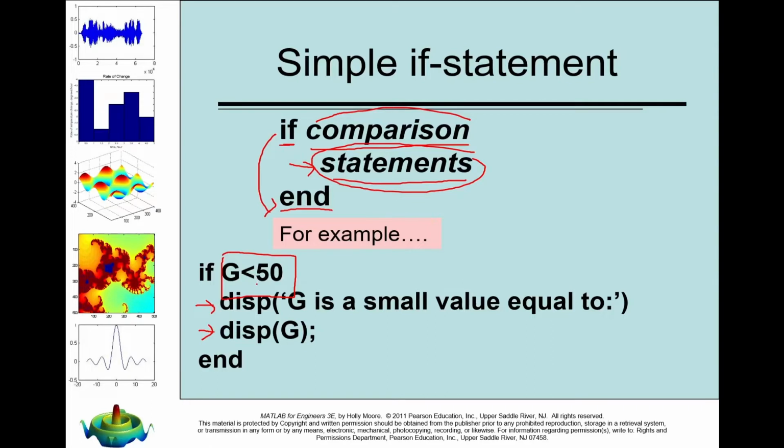So if we interpret this if statement: if G is less than 50, display 'G is a small value equal to' on the command window, and then display the value of G. However, if the comparison G less than 50 is false, then the program will not execute this display command and will simply end the program.